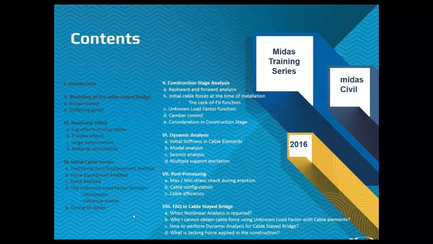And also we mainly checked the initial cable force, what was the traditional method and which method is provided in MIDAS 7 with the details usage of the unknown load factor function and the constraint condition and the influence matrix. So you must remember those topics.